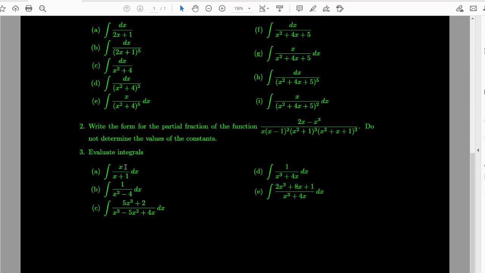For question A, the degree of the numerator is 1. The degree of the denominator is also 1. It's improper, right? To be proper, the degree of the numerator has to be strictly less than the degree of the denominator. For question C, we need to do long division, right? Later on, we'll work on all these questions.